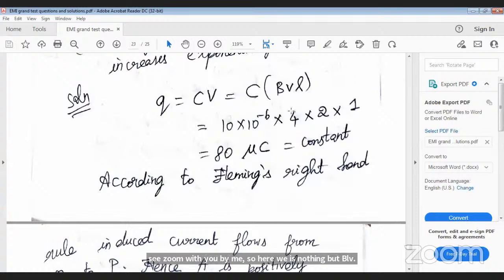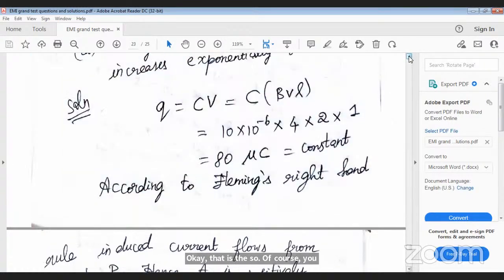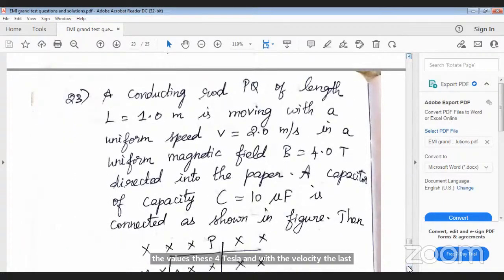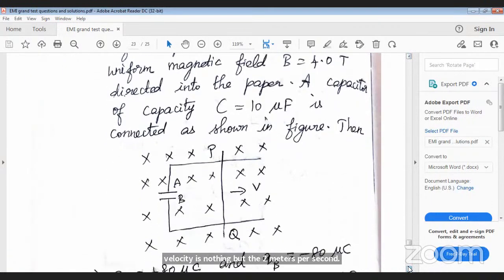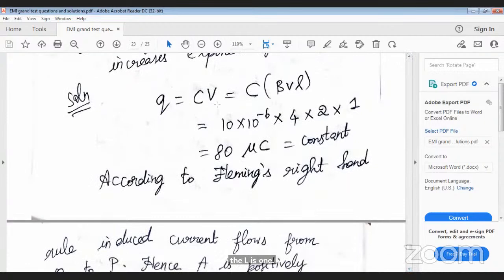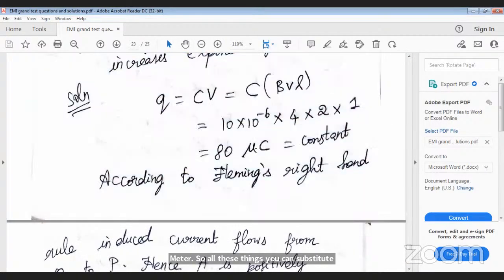B is 4 Tesla, the velocity is 2 meter per second, and L is 1 meter. Substituting, 10 into 10 power minus 6 into 4 into 2 into 1 gives 80 microcoulomb. So this charge Q is equal to 80 microcoulomb.